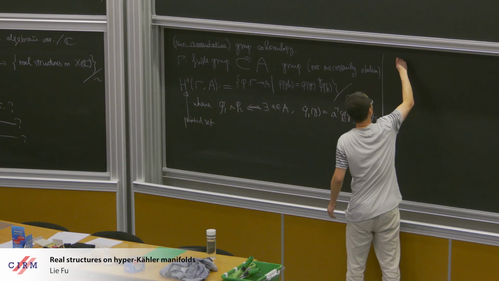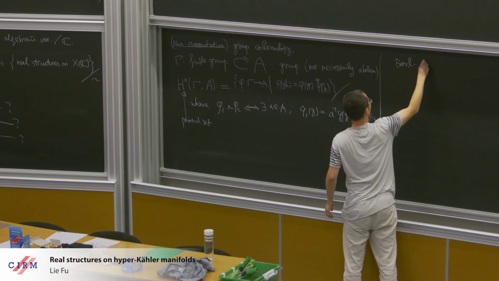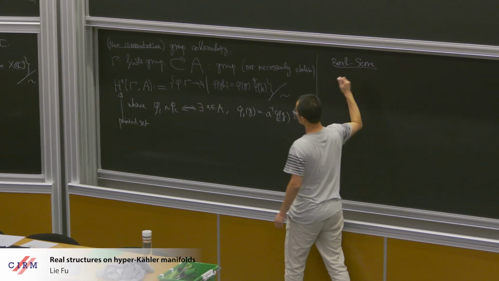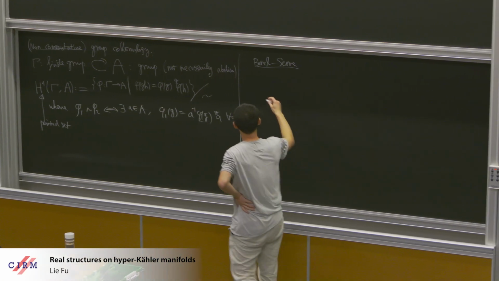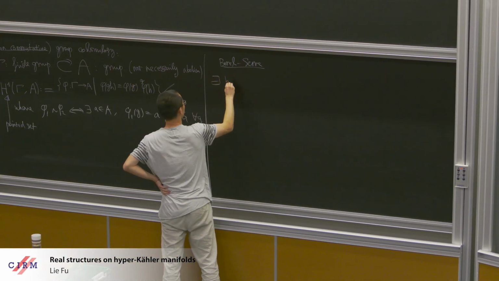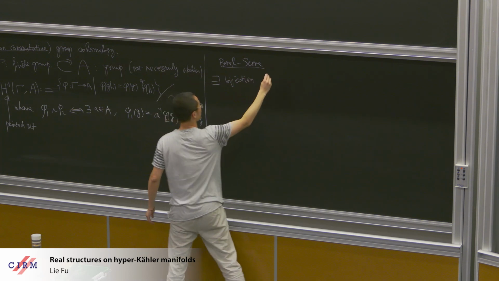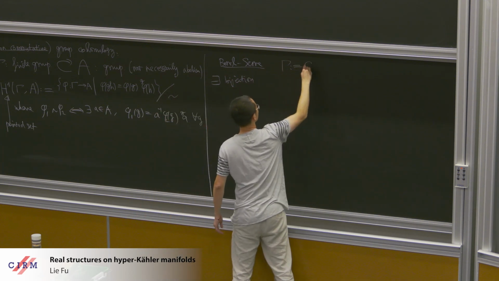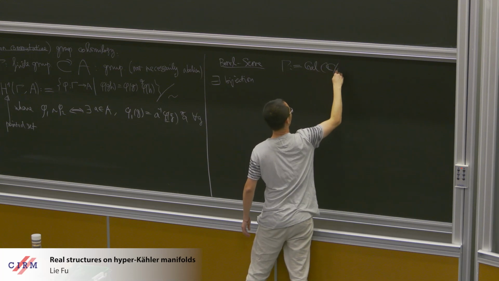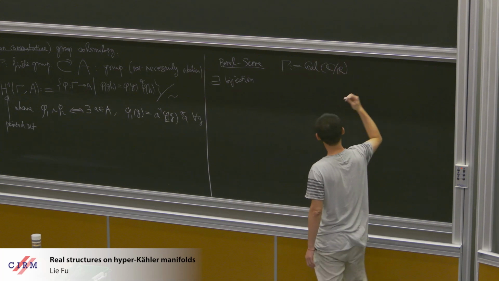Okay, then the upshot is that there is, I could write the name Borel cell, but the following does not really need a Borel cell to prove it. So there is a bijection between this set. Let me take gamma to be the Galois group of C over R. So not so complicated.